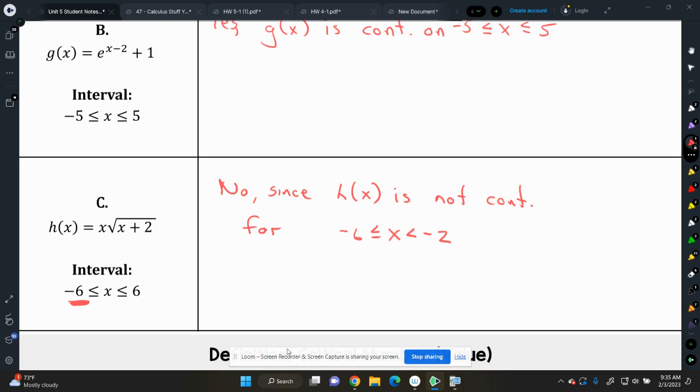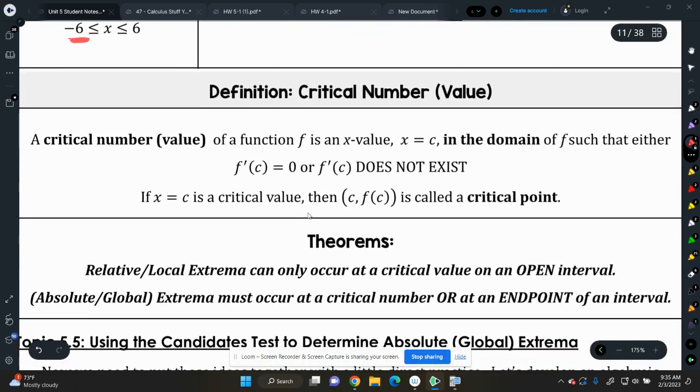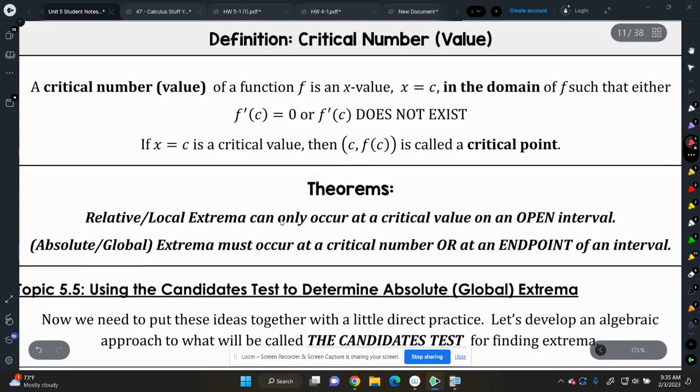Okay. So let's talk about this. We've used that term critical number. We're going to just make sure we define it a little more clearly. When we're looking at a critical number, we look at f prime.